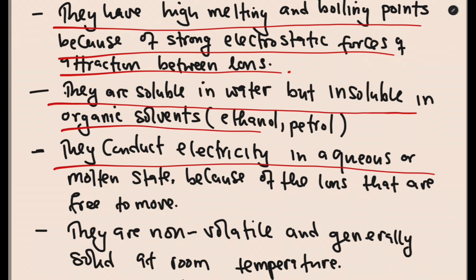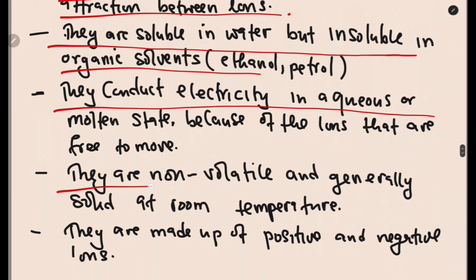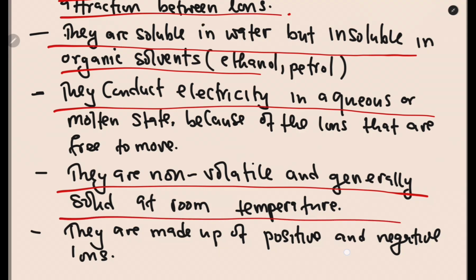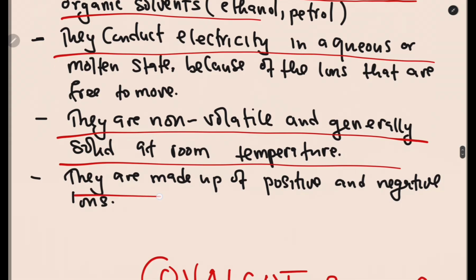They conduct electricity in aqueous or molten state because of the ions that are free to move. Then they are non-volatile and generally solid at room temperature and pressure. So very important to understand this. They are made up of positive and negative ions.